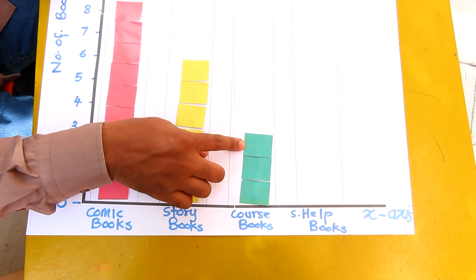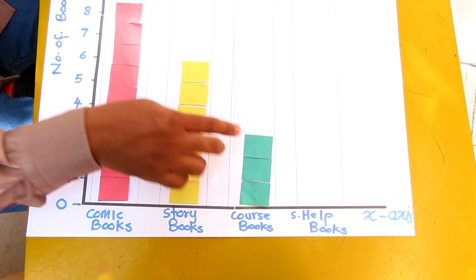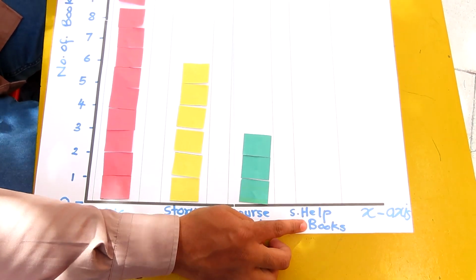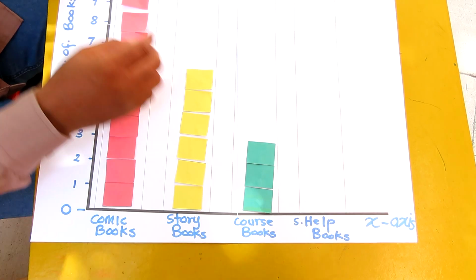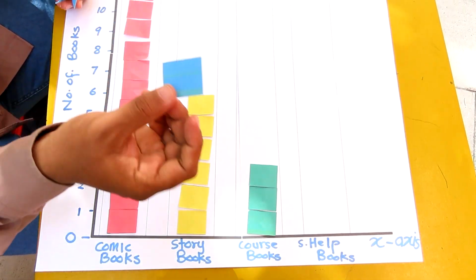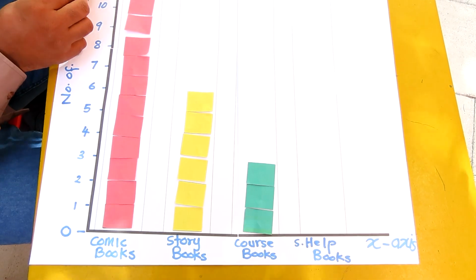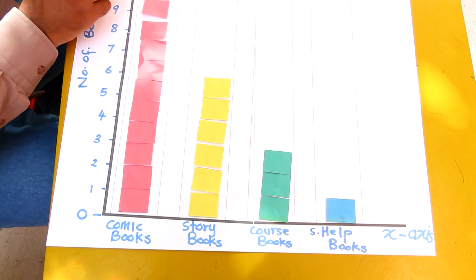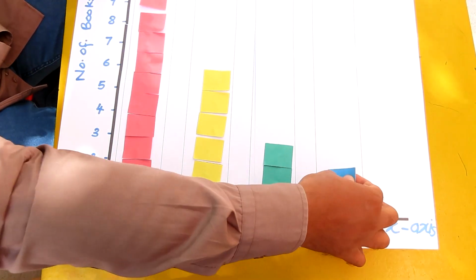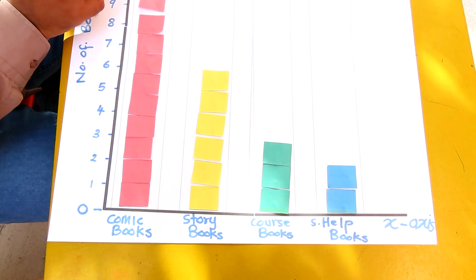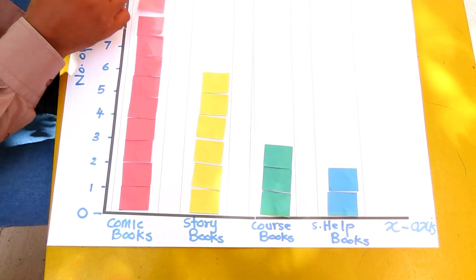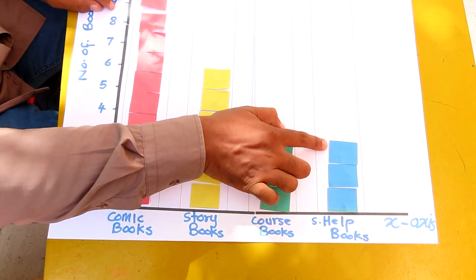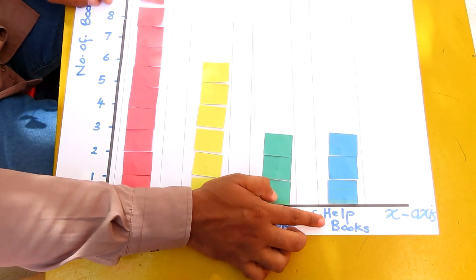And the remaining are self-help books. To represent self-help books, I am using blue counters. 1, 2, and 3. So I have 3 blue counters to represent the self-help books.